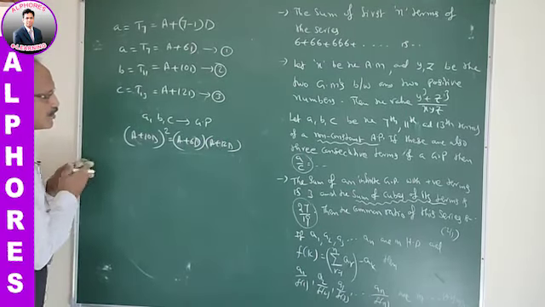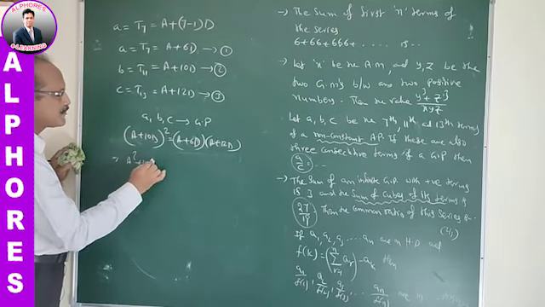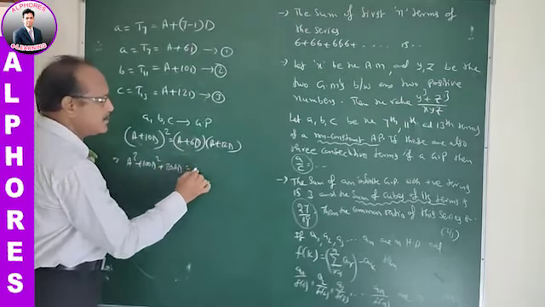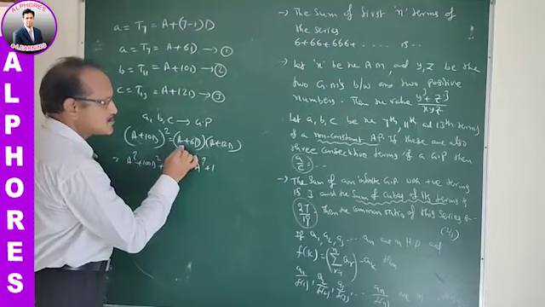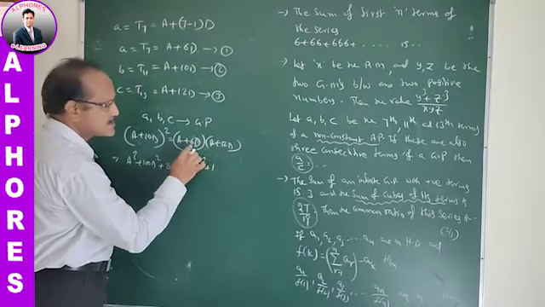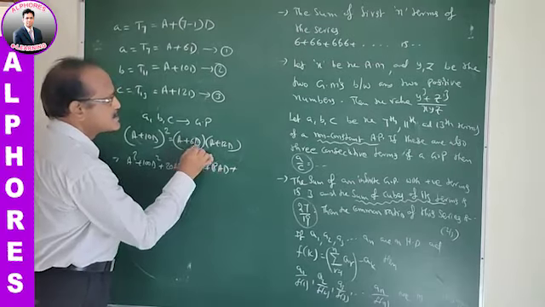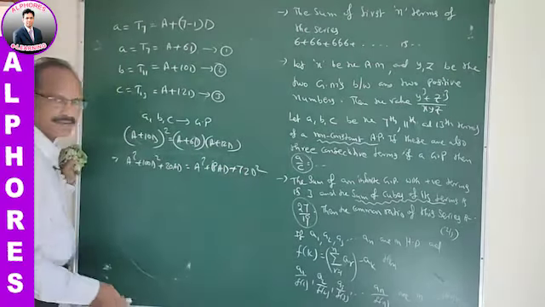Now, modifying these terms, that is (A plus B) whole square is A square plus 100D square plus 20AD, equal to A into A square plus 12D plus 16D... 12AD plus 16AD, sorry, 6AD, that is 18AD plus 6 12 72D square.